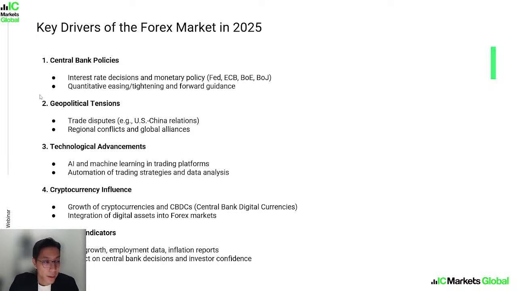Alright, and then the second thing is we have geopolitical tensions. So some of you guys may know that we have trade disputes such as US and China relations. Alright, so this could generally affect the price of the US dollar. Alright, and during those times where we have geopolitical tensions, do you realize that gold will usually have a spike upwards, right?